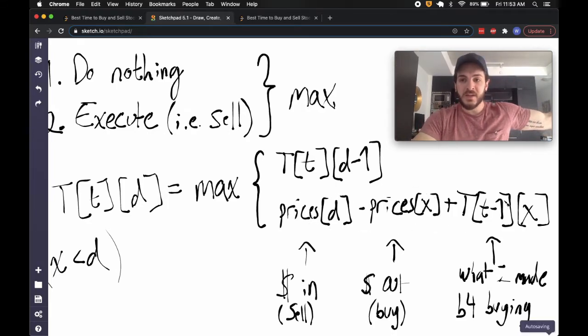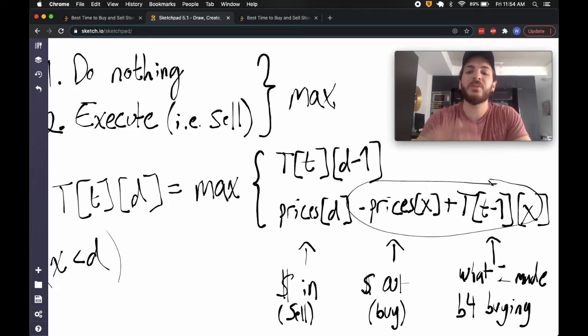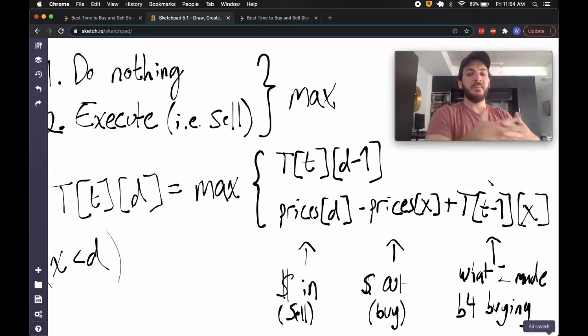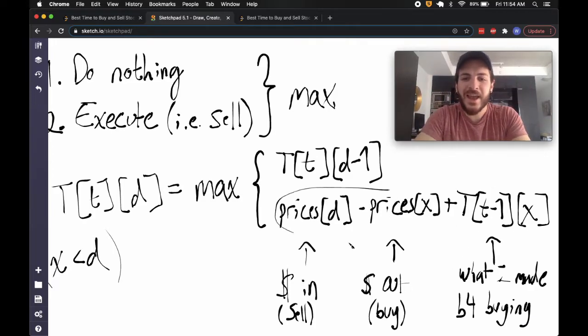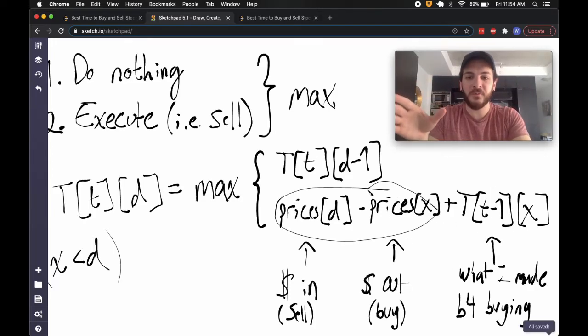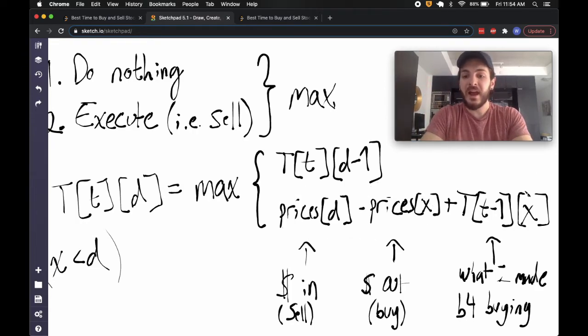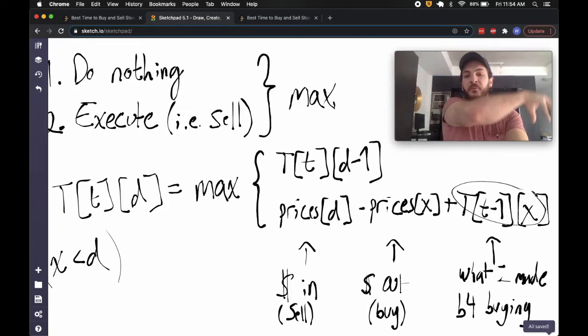But before Tuesday, there were potentially other transactions that I made on Tuesday or before. This part over here is going to represent all the maximum money I could have made so far. Like I said, this is me sitting pretty between Tuesday and Friday, and I've knocked out my second transaction. Before that, I only had one transaction that I'd done, and that transaction happened on or before Tuesday.